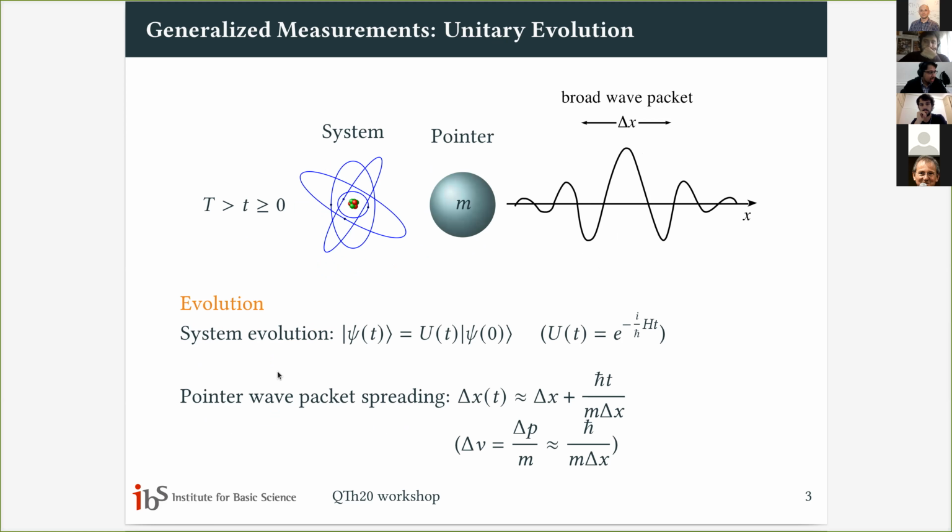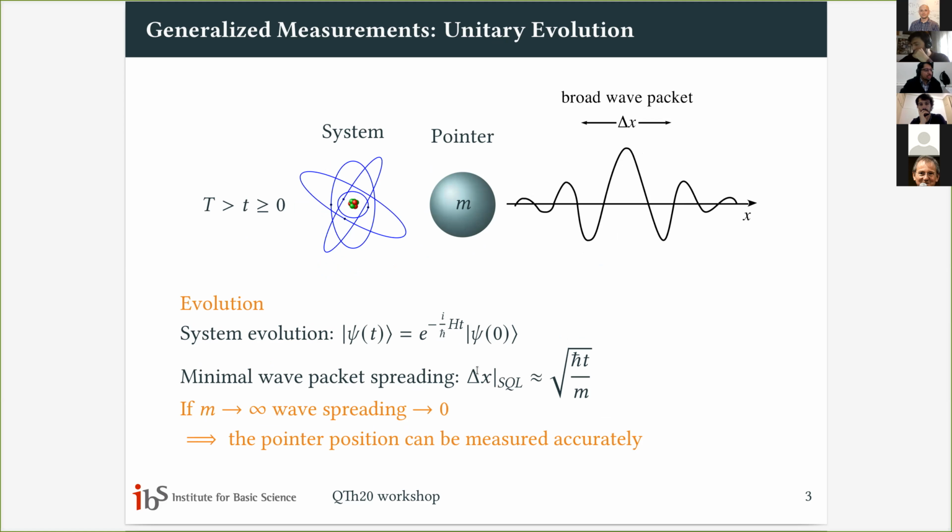Then you let the system evolve. So the system basically evolves unitarily, but the pointer also evolves during this time. And the wave packet which the pointer had will actually start spreading. The rate at which it spreads is given by something called the standard quantum limit, which goes inversely proportional to the mass of the pointer. So now you can immediately see that if I build a pointer which is extremely heavy, this spreading will be minimized.